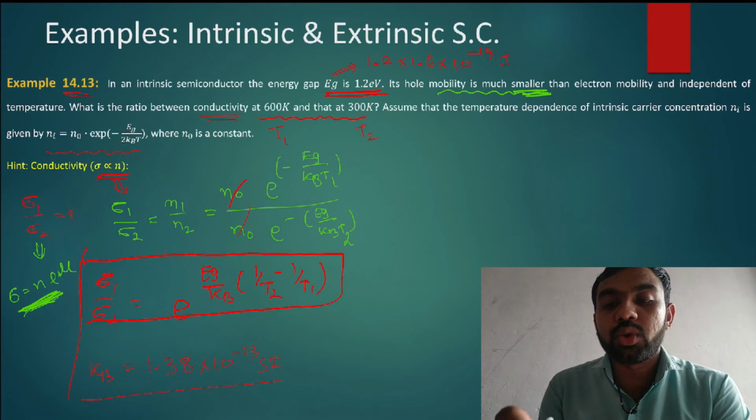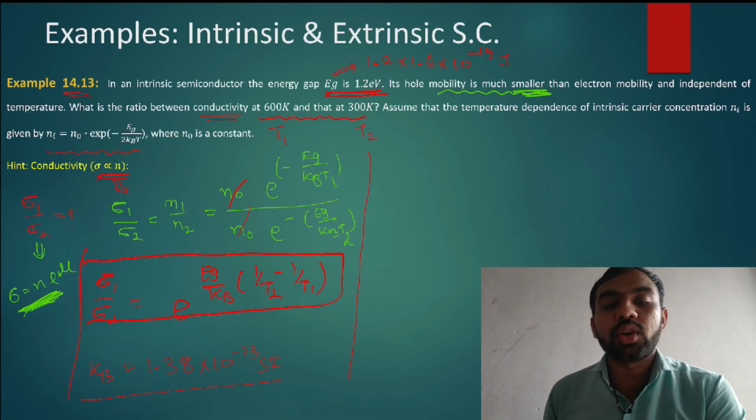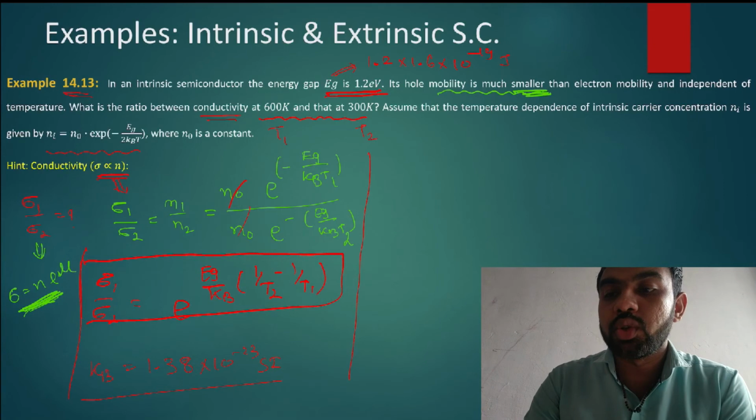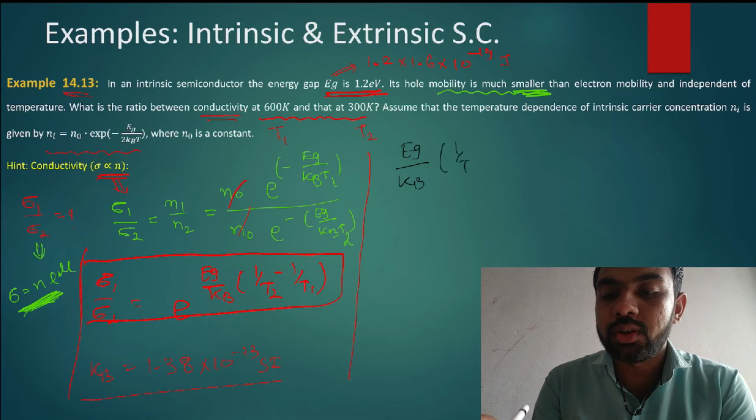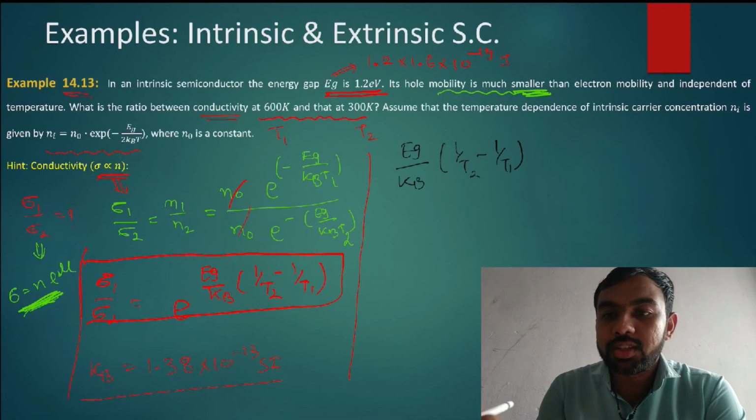तो दोनों की वैल्यू आपके पास है. चलो ये जो न्यूमरेटर है उसको फाइंड करो और बाकी के एग्जांपल आपके होमवर्क में होगा. So Eg upon kB into 1 upon T2 minus 1 upon T1, sorry, power, not numerator, power. So what is this power?